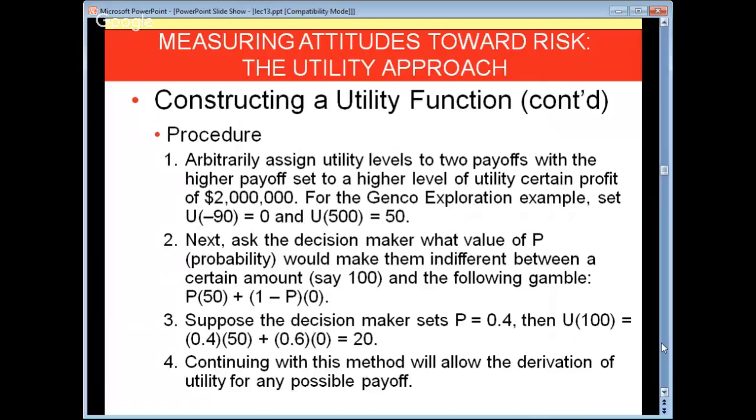Does that make sense? Basically, what this is saying, I'm asking you, there's two things that can happen. If I said you lose 90,000 or you gain 500,000, what probability of gaining the 500,000 is giving you utility of 50?